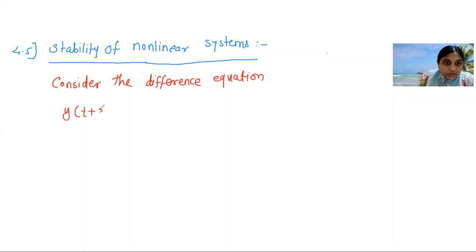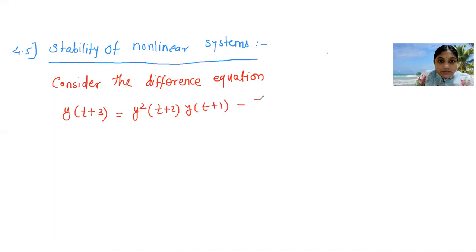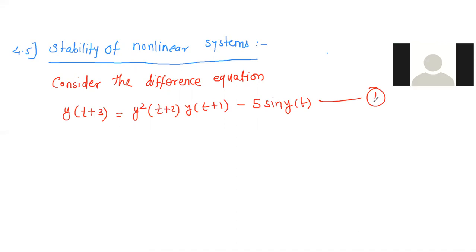y at t plus 3 is equal to y square at t plus 2, y at t plus 1 minus 5 times sine y at t. Can you see this difference equation? Whether it is a linear difference equation or a non-linear difference equation? Does everybody think it is linear?